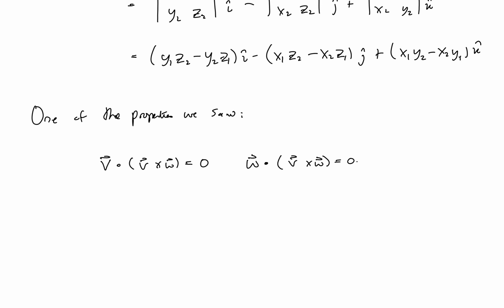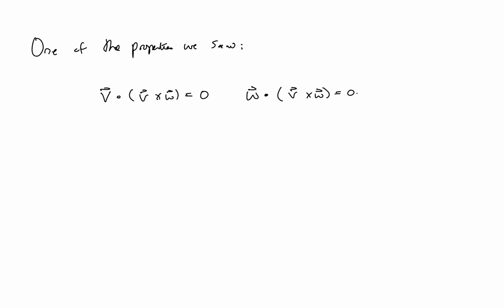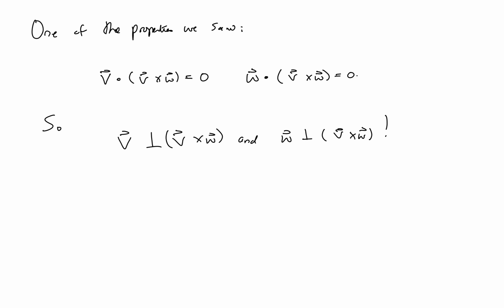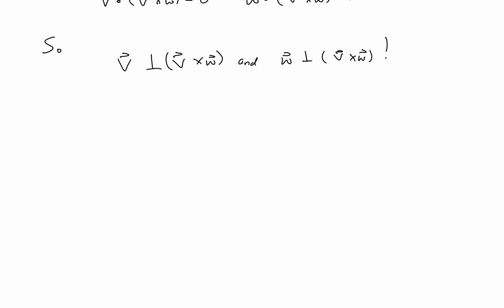What we saw above was that this means the vectors are perpendicular if you dot them together. So we get that V is perpendicular to V cross W, and W is perpendicular to V cross W. That's pretty important because this is giving us a way to find perpendicular vectors.